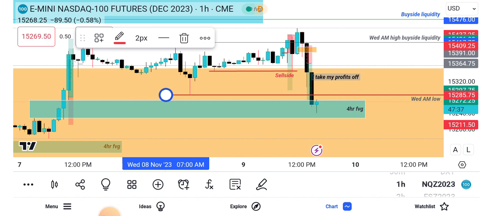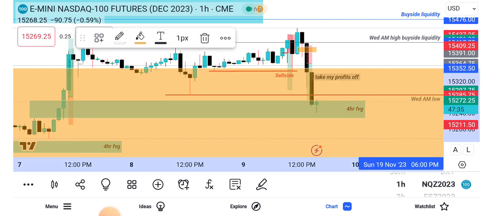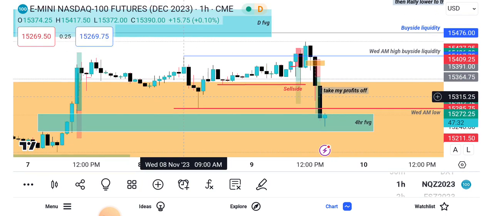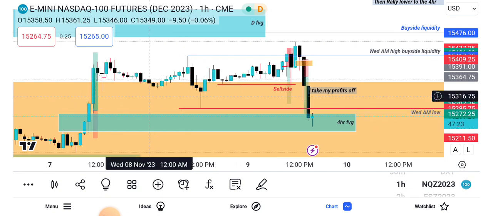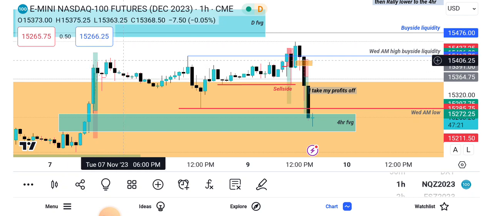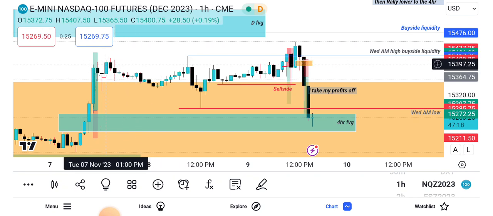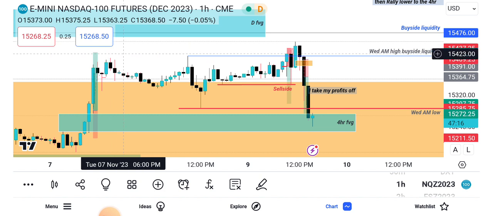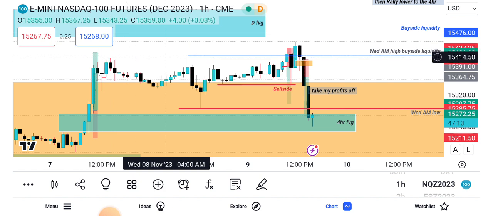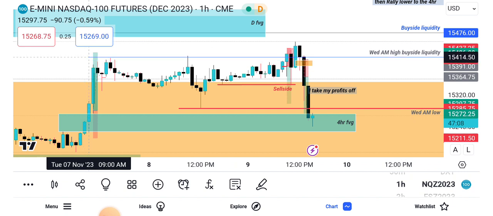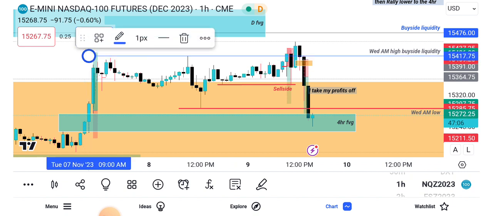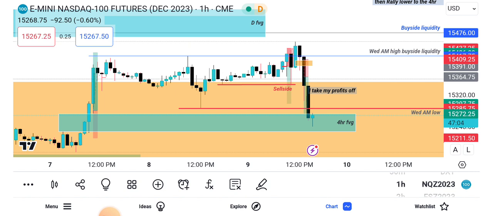And the previous day, that was Wednesday AM high buy side liquidity, that had engaged with this Tuesday PM liquidity, creating relatively equal highs. I had not spotted that, so this was something else. They're kind of relatively equal.